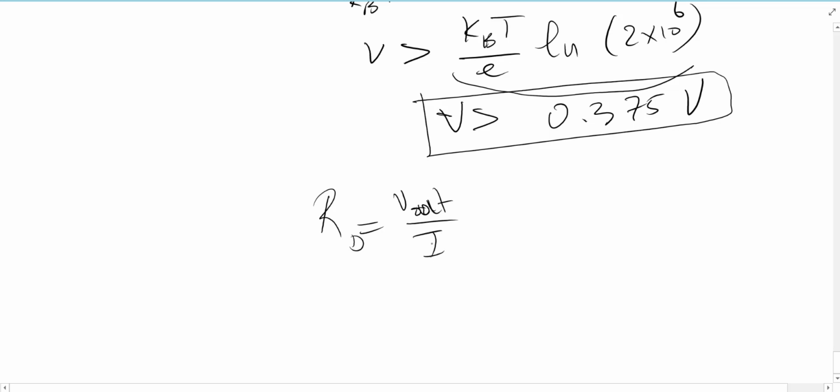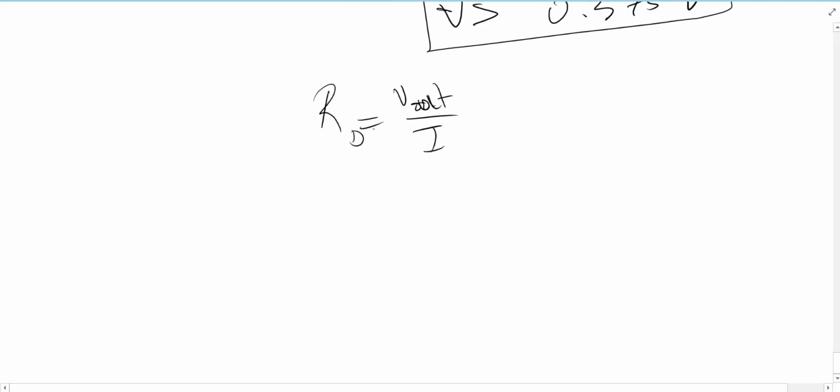Okay, to estimate the diode V out, use equation 42.22 to estimate the voltage V out to equal the maximum voltage for RD equals 100 ohms. So here is the deal. RD is 100 ohms.